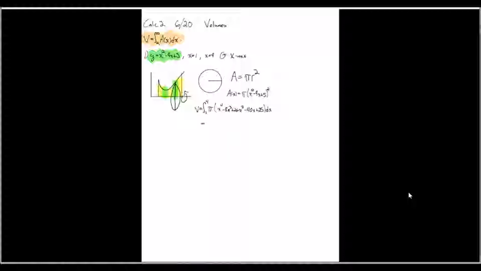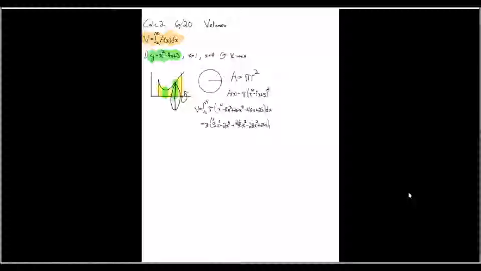Right, so now I've got this pi out in front, and because I just have polynomial terms, I have 1/5 x to the 5th minus 2x to the 4th plus 26 thirds x to the 3rd minus 20x squared plus 25x.